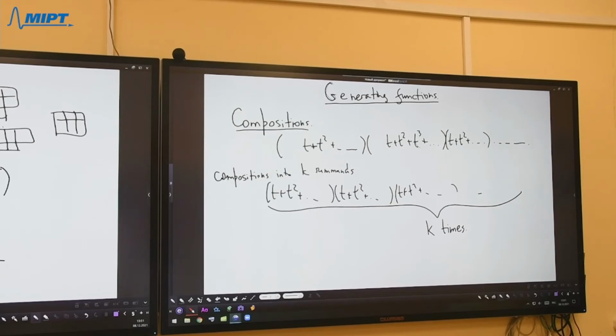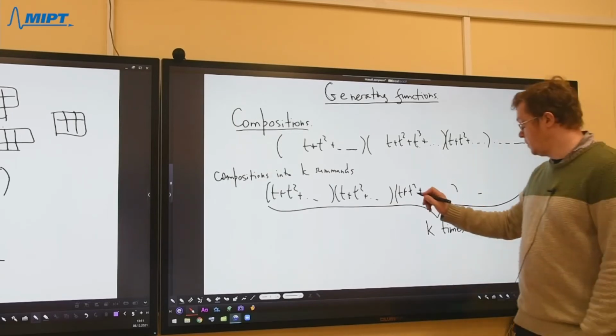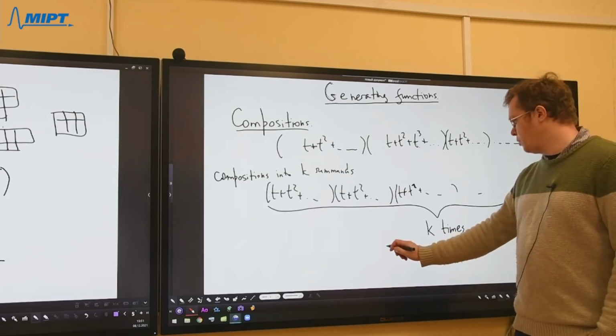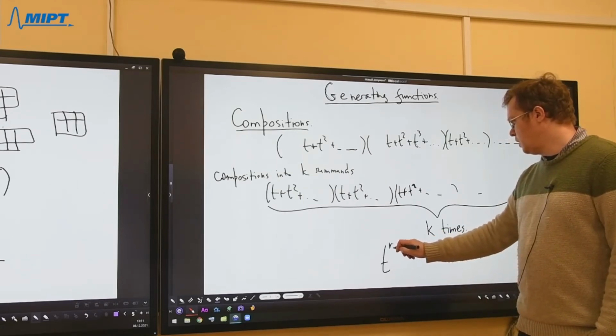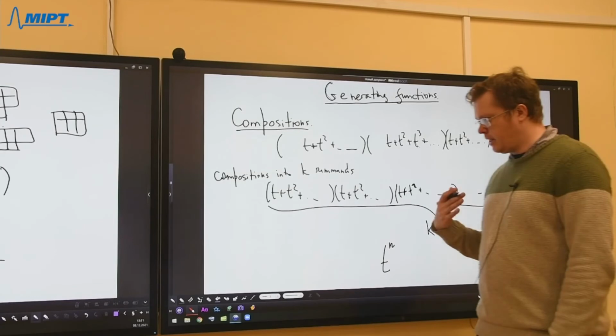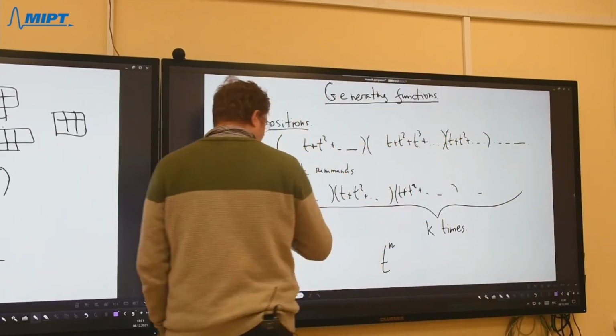Why is it so? Because we want, the coefficient before t to the n is the number of compositions of n into k summands.